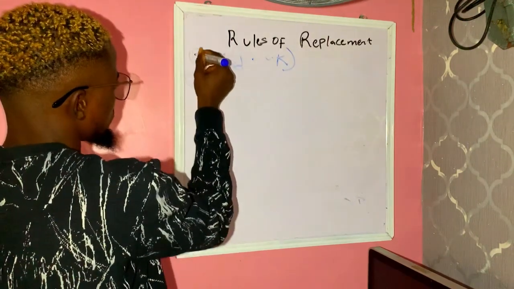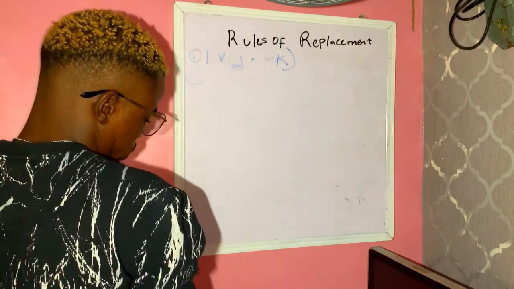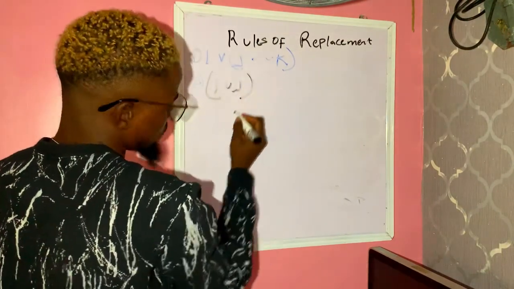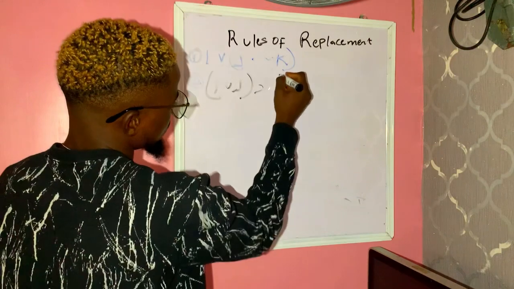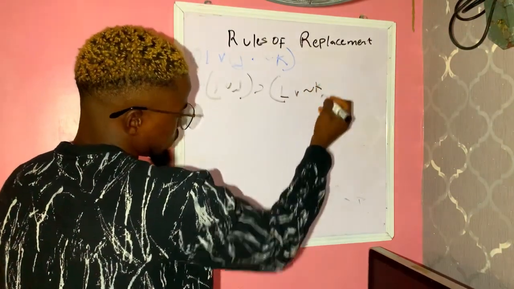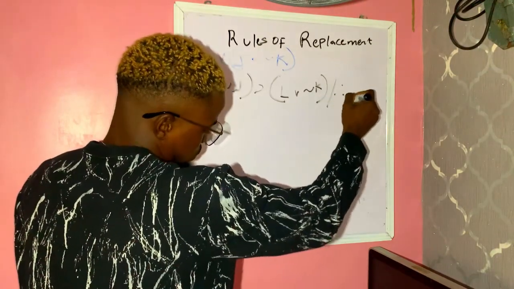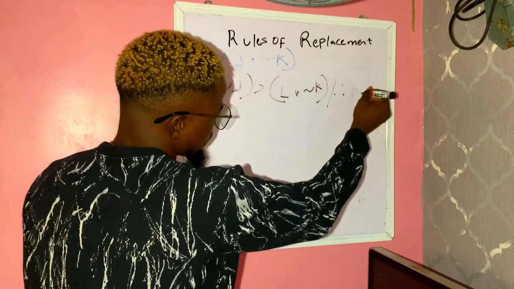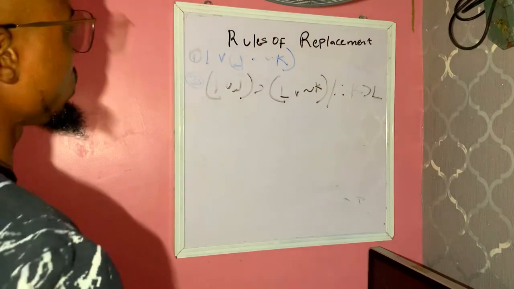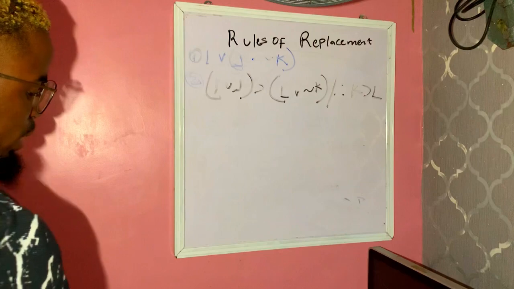Line 2: (I or J) implies (L or negation K). Then our conclusion is K implies L. So like I said, I just want to be applying all the 19 rules until I get to K implies L. And then I can say that I've answered the question.